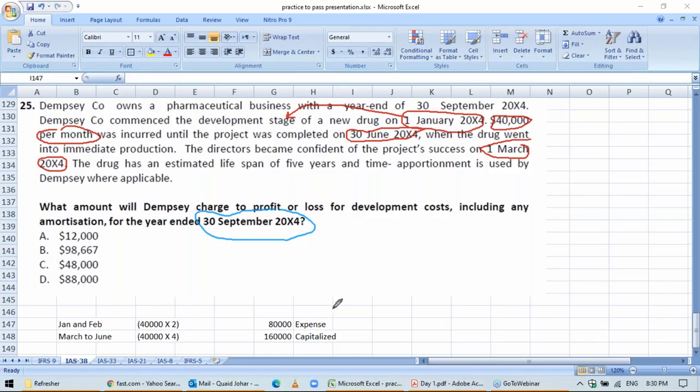Okay, students, I'm back. Okay, students, let's calculate the amortization.